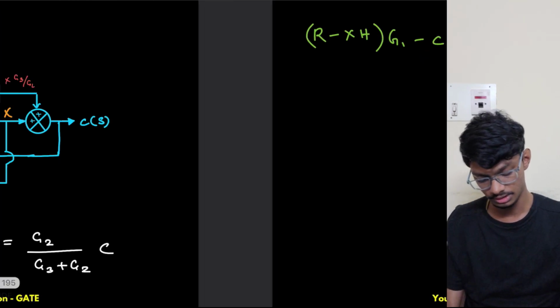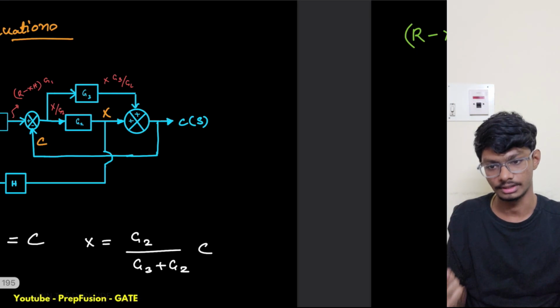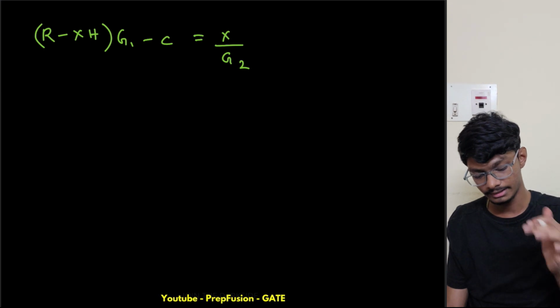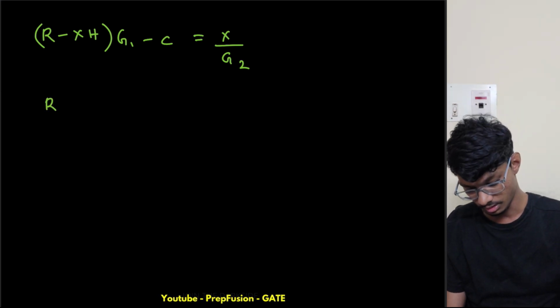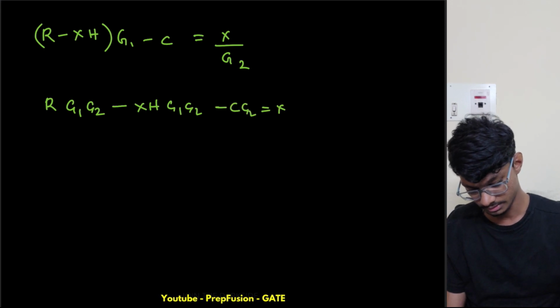So this is the node equation at that point. So what I can do is simplify this, getting x as a common term. So r g1 g2 minus x h g1 g2 minus c g2 equals x.